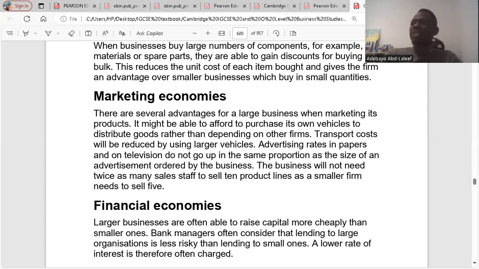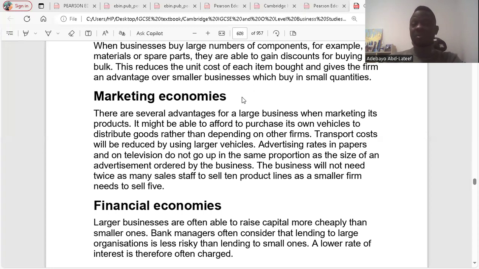So it gives you an edge over smaller businesses. That's marketing economies of scale. So you have opportunities to spend less on advertisement because you are doing much advertisement. So advertisement firms will not charge you as much as they will charge smaller firms. They're like loyal customers. Yes, they want you to continue purchasing with them or being part of their service.